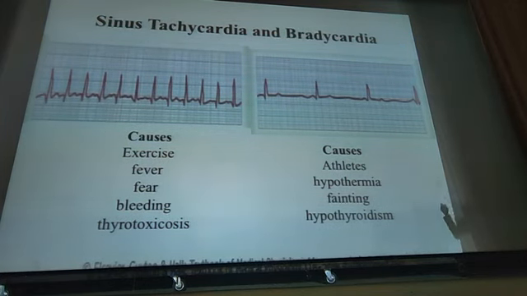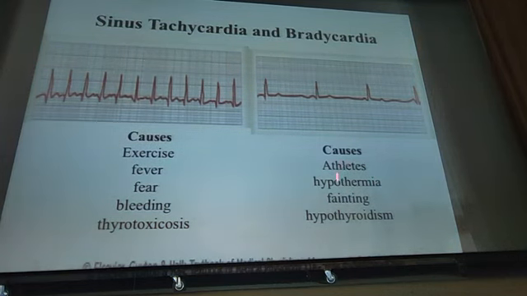It is sinus bradycardia because they are athletes. Cardiac output is more with strong stroke volume. That's why they have a low rate of beating, and it's important.